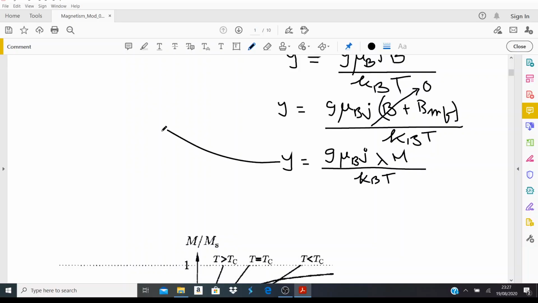And from this expression, you can just rearrange terms to write M on the left-hand side, then you will have kB over g mu_B J lambda, then T and y, right? There's a reason why I'm writing it in this fashion. Then you can see that's just some number, so M is equal to some number times y, which is a straight line, right?